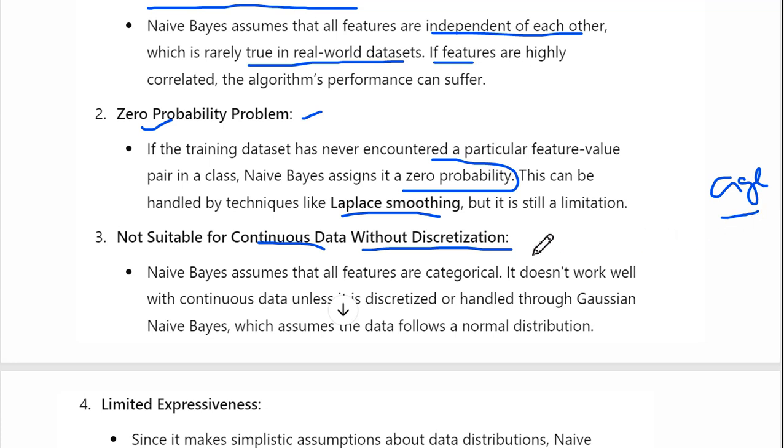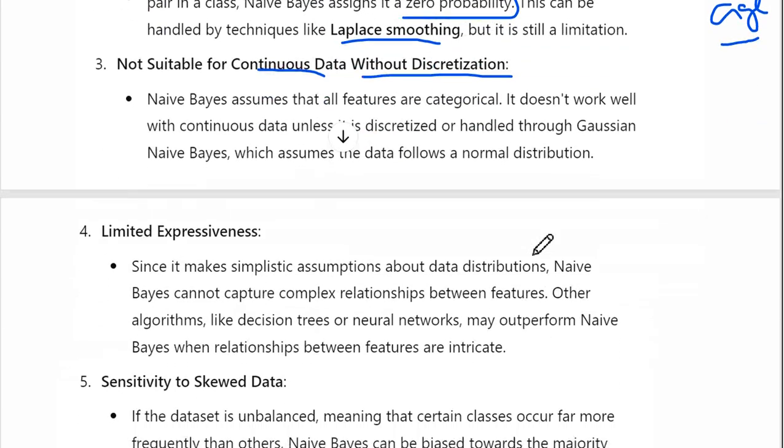That means we split it into some number of bins: less than 10, 10 to 30, greater than 30, dividing the particular feature into bins by converting the continuous feature into discrete form. Only then do we apply the naive Bayes algorithm.